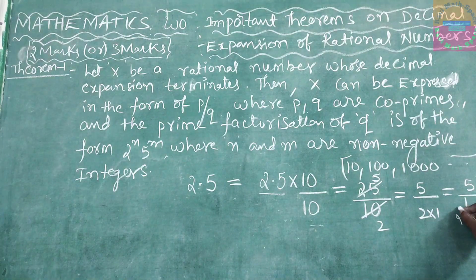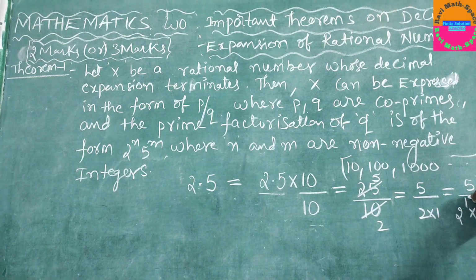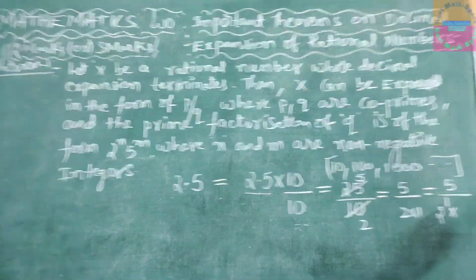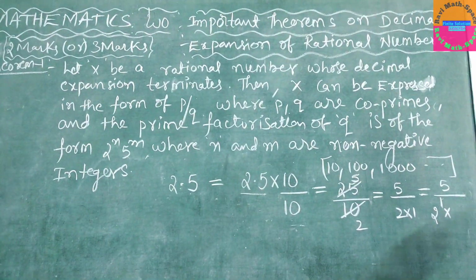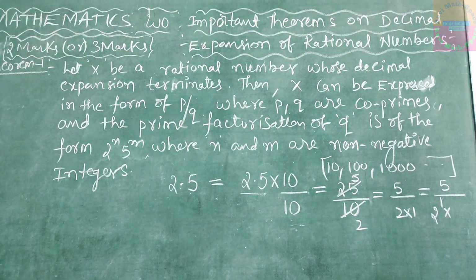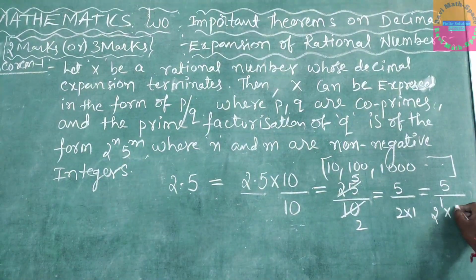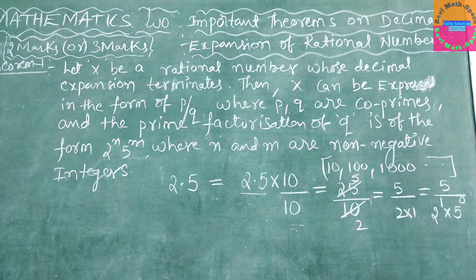Now it is 2 power n. Now the 1 I can write as 5 power 0. 5 power 0 is nothing but automatically 1 only.